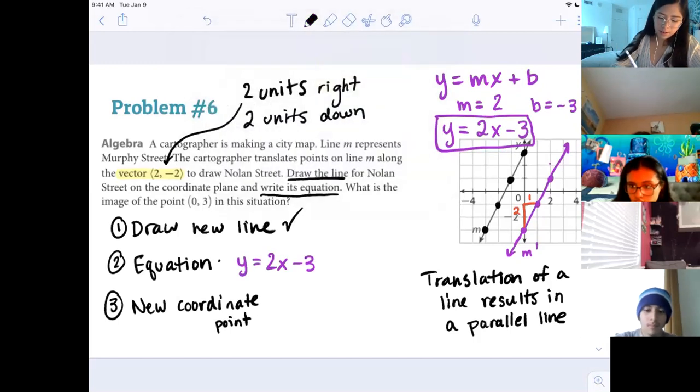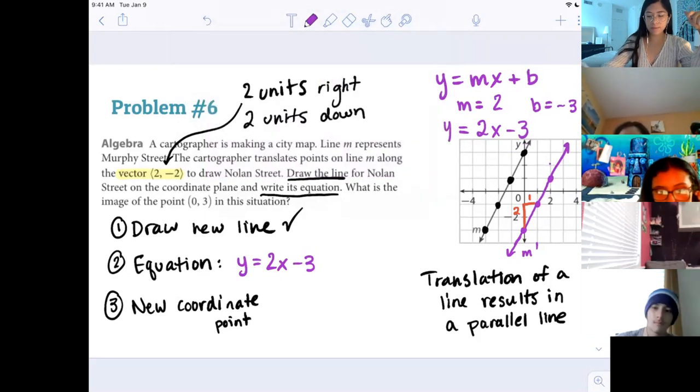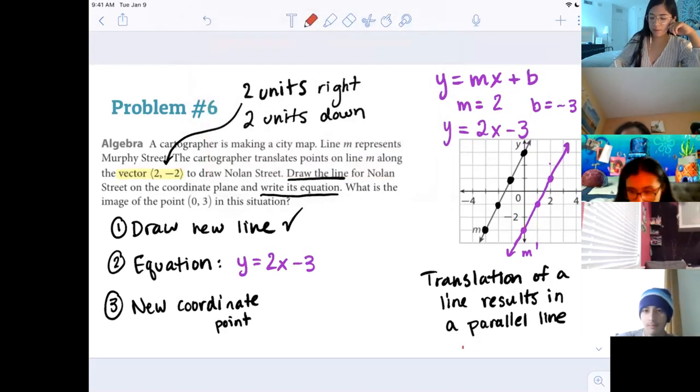Before I do the last part of this problem, does the black line have the same slope as the purple line or a different slope? Same slope. Good. Remember, parallel lines have the same slope.